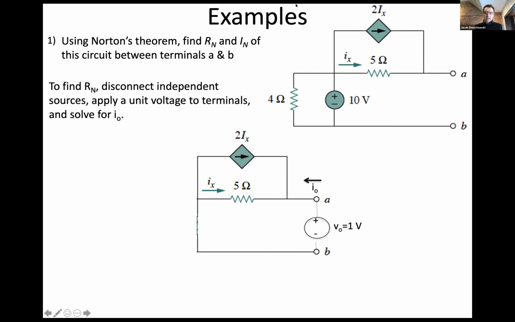I really like this problem because it's simple, but it requires you to think. So I want you to apply KCL at this node over here.